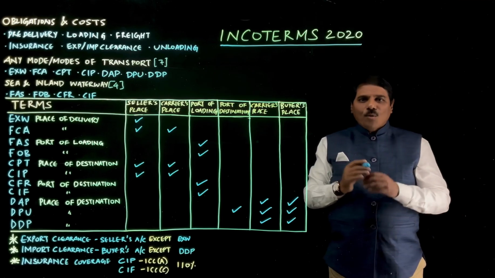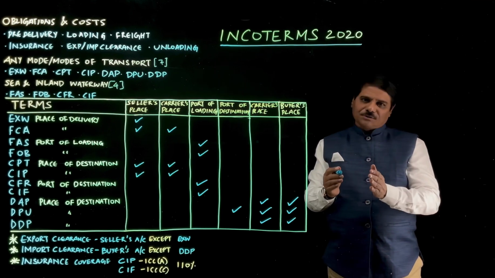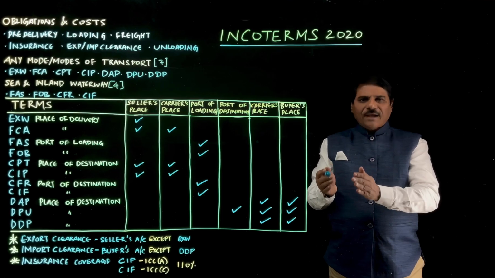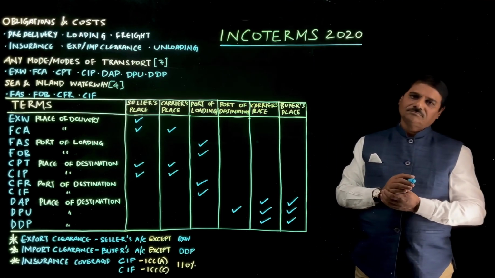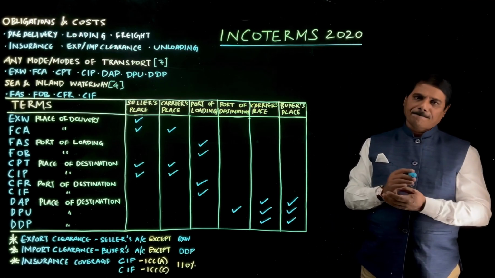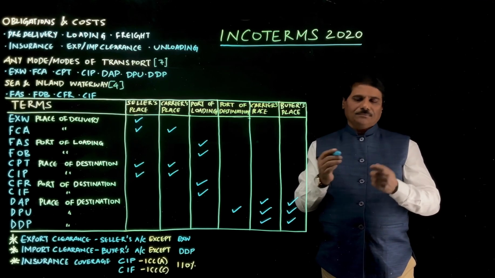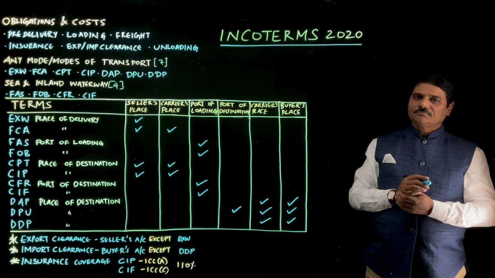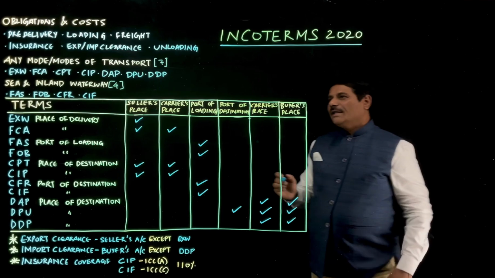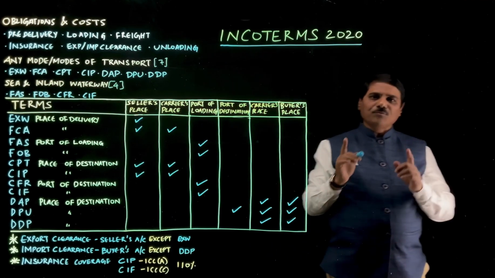Modes means more than one mode of transportation. Suppose there is a possibility that half of the journey is through road and half of the journey by sea. That's called multimodal transportation. So more than one mode is involved. That is called multimodal transportation. So these 7 terms are used for any mode of transport.